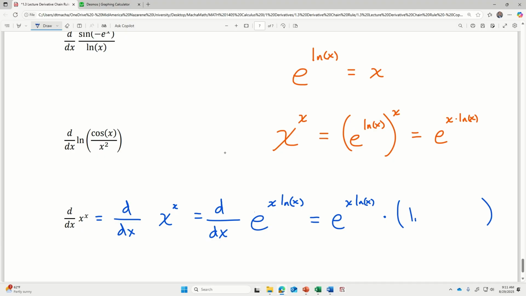So whenever I take the product rule, it's going to be 1 times natural log of x plus x times 1 over x. And then this is the same thing as x raised to the power x times natural log of x plus 1.